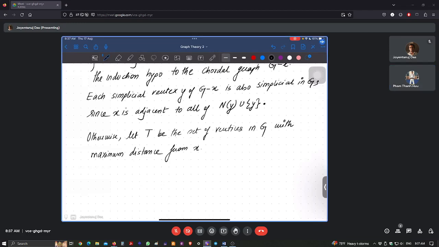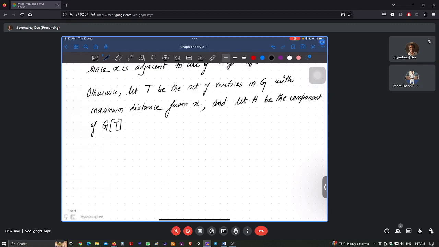So we can collect all the vertices that are at maximum distance from x, and we let H be a component of G[T], that is the subgraph induced by this set of vertices.